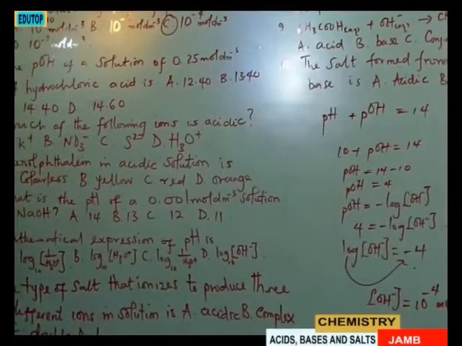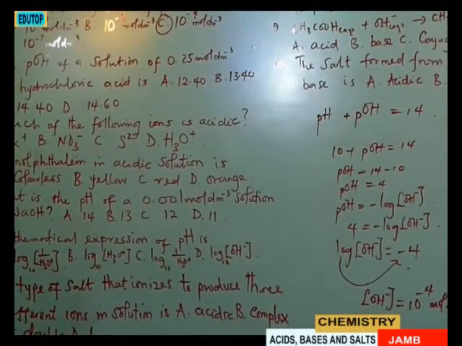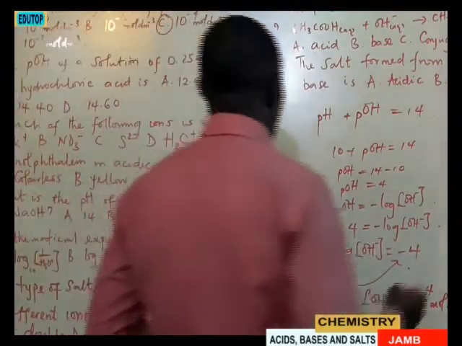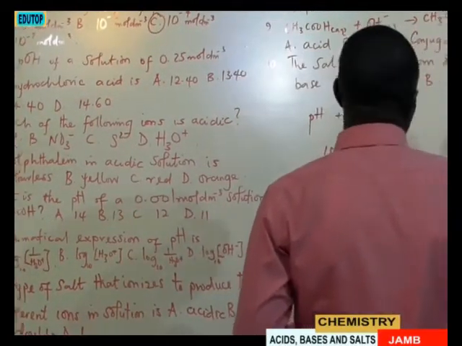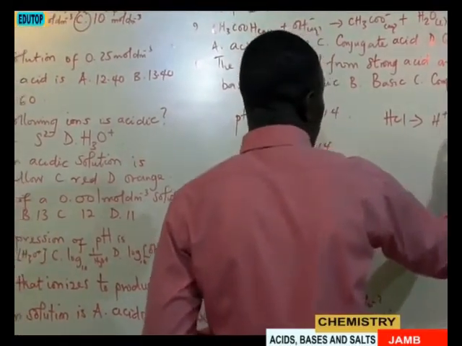Then the second question: the pOH of a solution of 0.25 mole per dm³ of hydrochloric acid is. So the question is asking us for the pOH of a solution of this hydrochloric acid. Automatically that means we have been given the hydrogen ion concentration, because we know that hydrochloric acid will ionize into H plus and Cl minus.